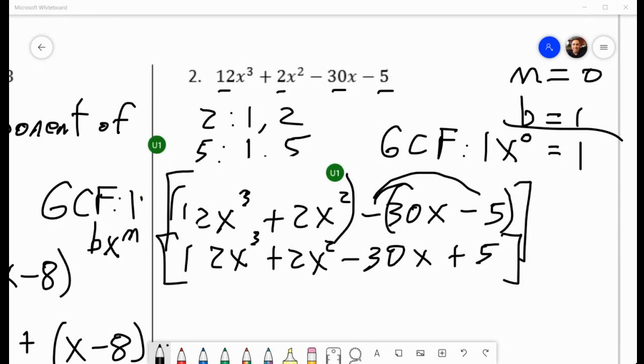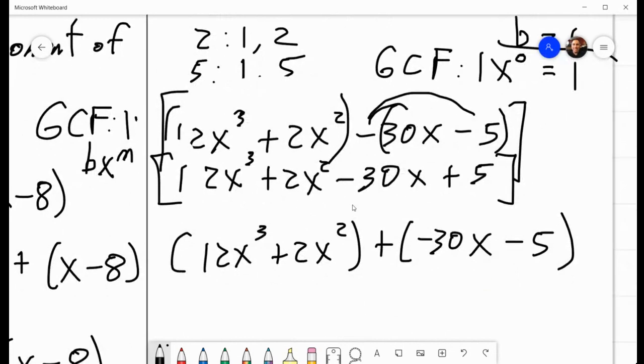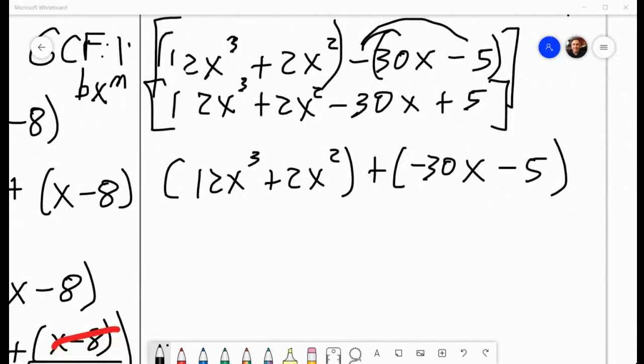Okay, so we have 12x cubed plus 2x squared plus minus 30x minus 5. Let me just zoom up a bit. There we go. And again, you want to factor each of those two groups individually.